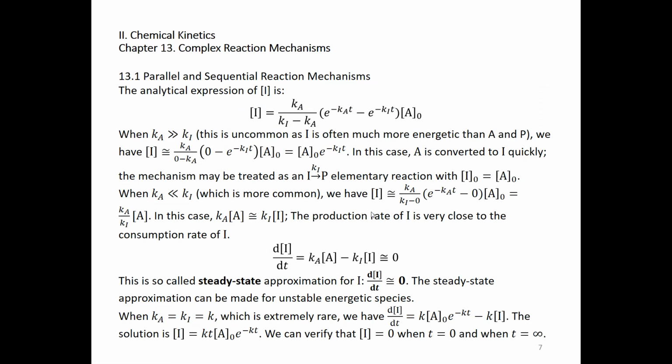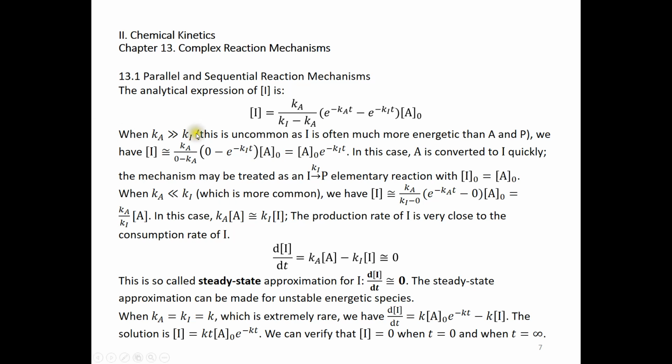Again, we have gotten the analytical expression of I, the intermediate. It looks fairly complex. I is just Ka over Ki minus Ka times the difference between these two exponential functions times A naught. We now do more analysis, especially for two different scenarios.